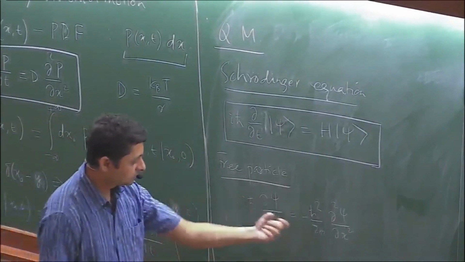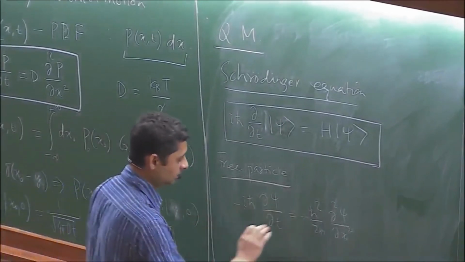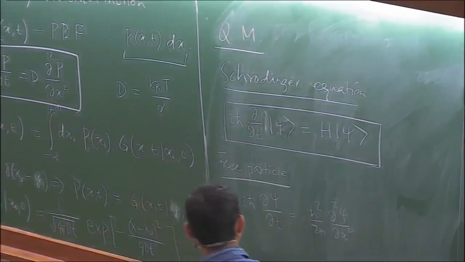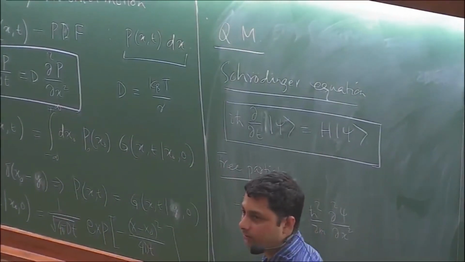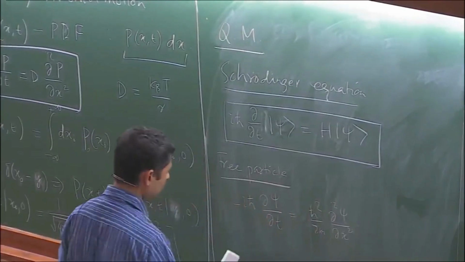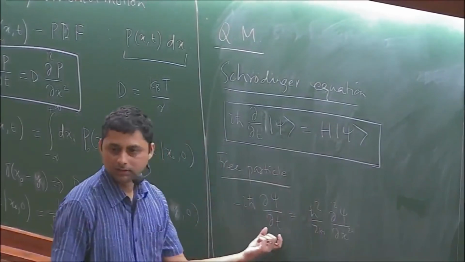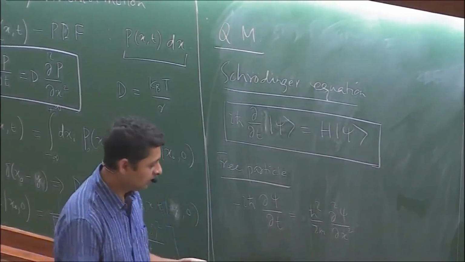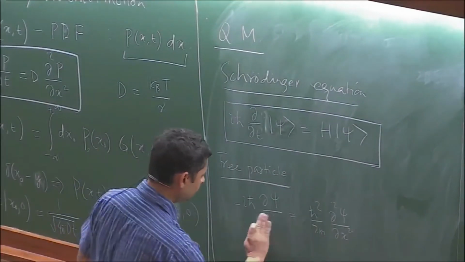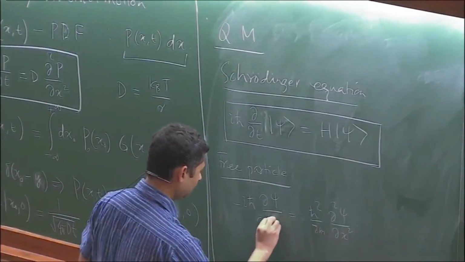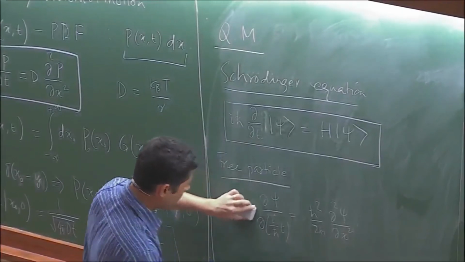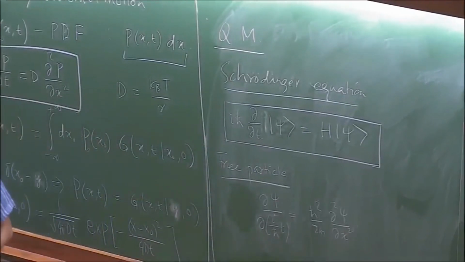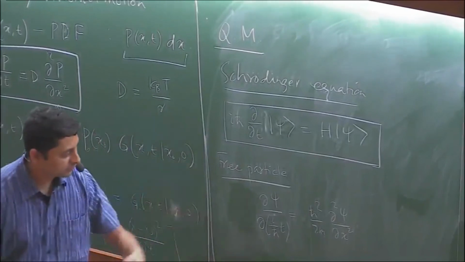Let's take this minus sign to this side and put this thing down. So this is the Schrodinger equation for a free particle.